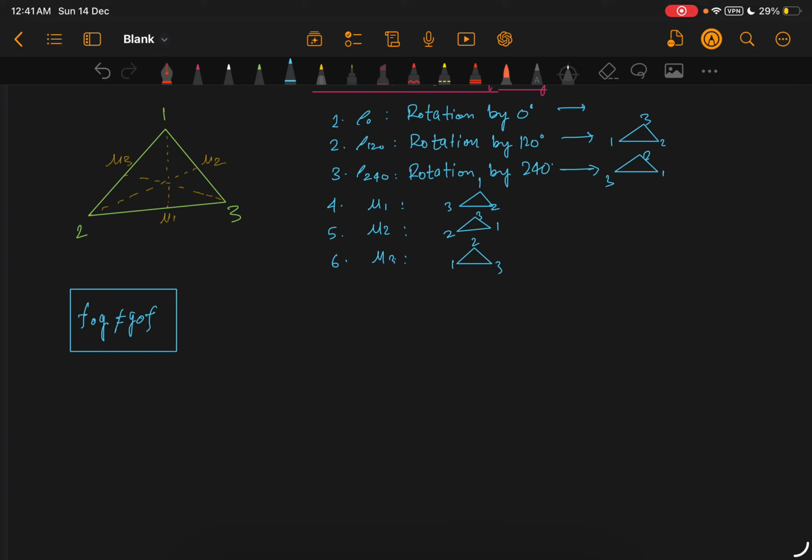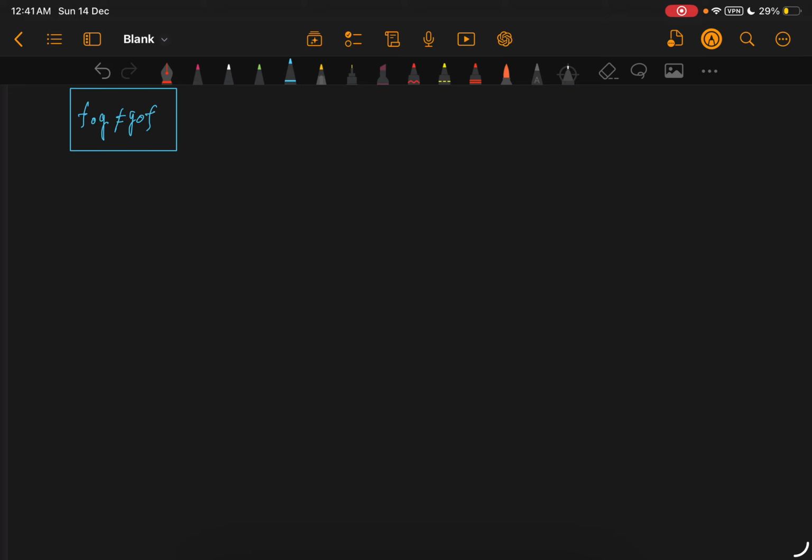Now going towards the formal definition of a group.